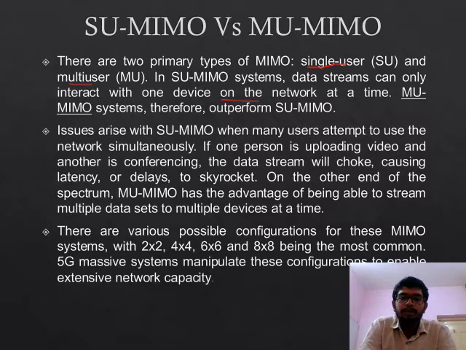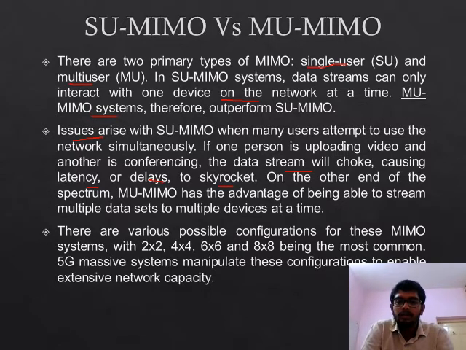There is a disadvantage of single user also. When many users attempt to use the network simultaneously, if one person is uploading video and another is configuring, the data stream will choke, causing latency, or delay times to skyrocket.